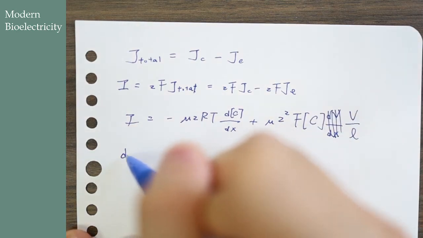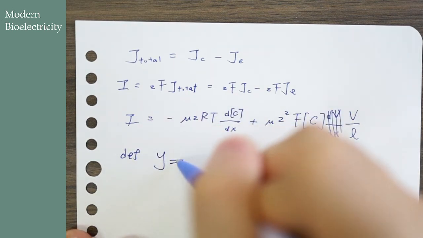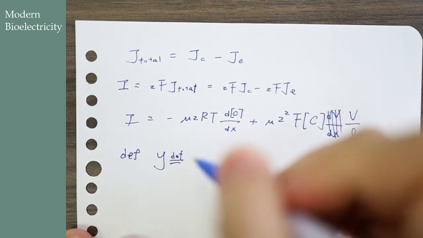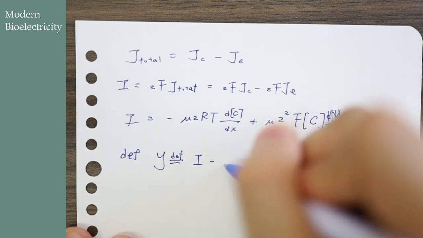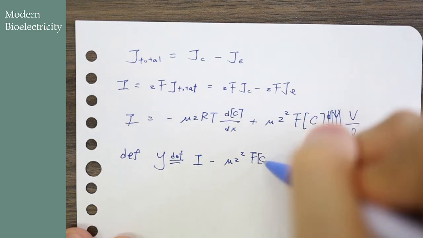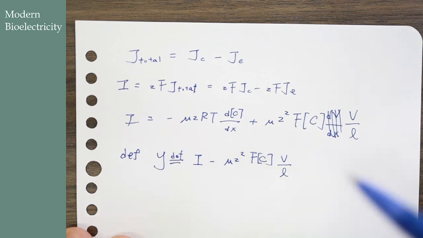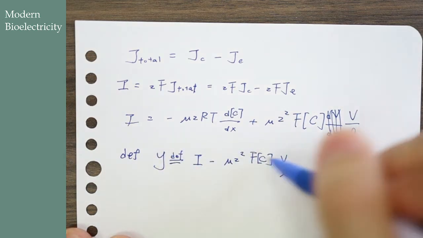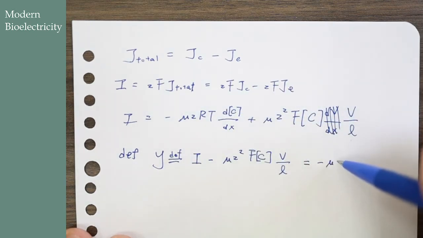So we define Y equal to I minus mu Z square F C V divided by L. So we define Y equal to this, and it equals this part, mu Z RT dc dx.